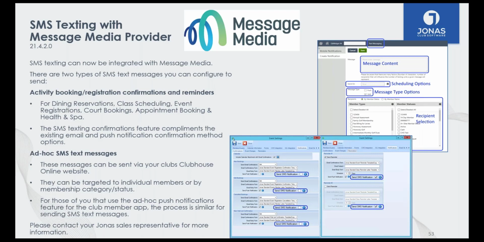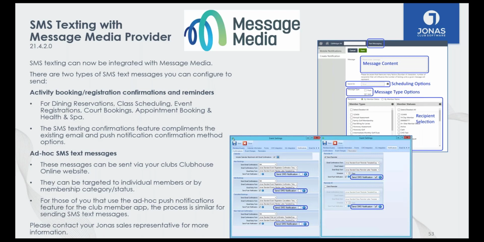In addition to those booking-based communications that we'd want to send out to the membership, there is the ability to also do ad hoc SMS text messages. And those ad hoc SMS text messages can be sent very similar to how clubs on today's session use the push notification ad hoc feature in your Clubhouse Online site.